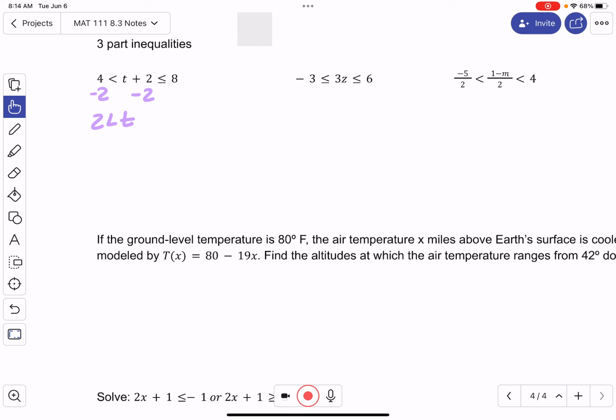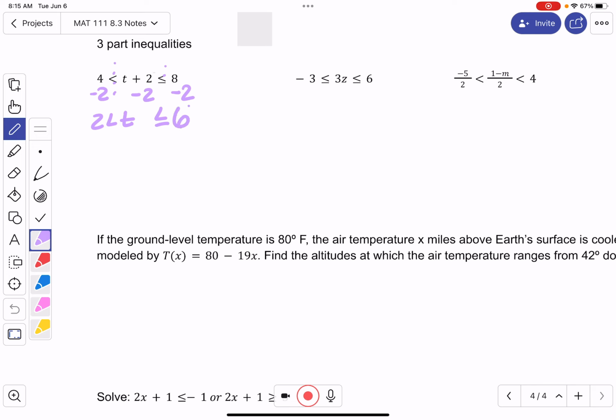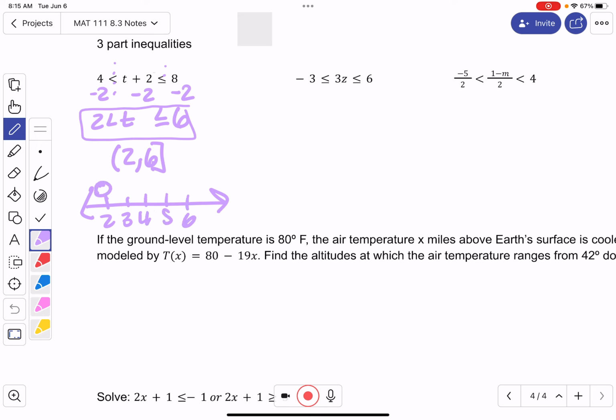Now, with this, the only difference is we just have to do it to all 3 parts. So 8 minus 2 is 6. Now we're left with 2 is less than t, which is less than or equal to 6. So our interval notation has the least to the greatest. And then if we were to graph that, 2, 3, 4, 5, 6, we'd have an open circle at 2, closed circle at 6, and they would connect.